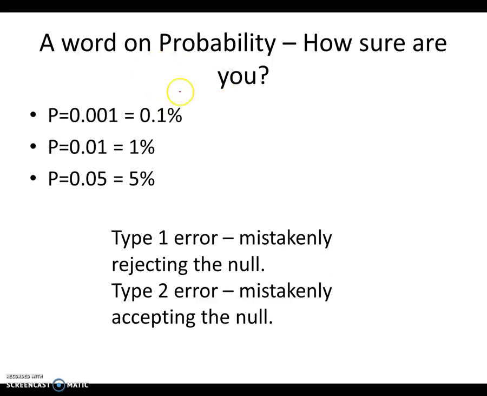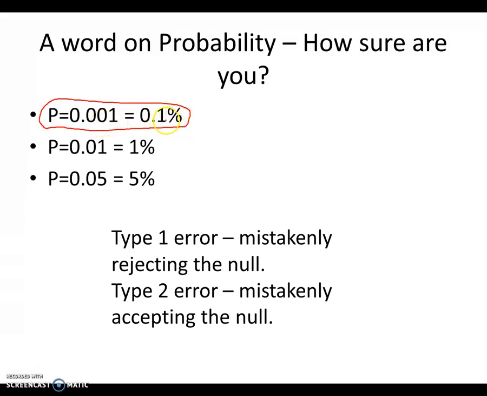So the different levels of probability that we might decide on before we do the research can range. So for really strict tests, if you're testing a new drug, in the medical world they have very high levels of significance.